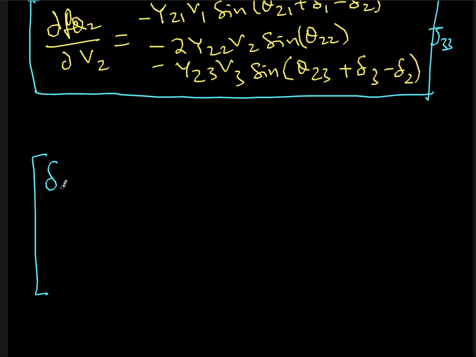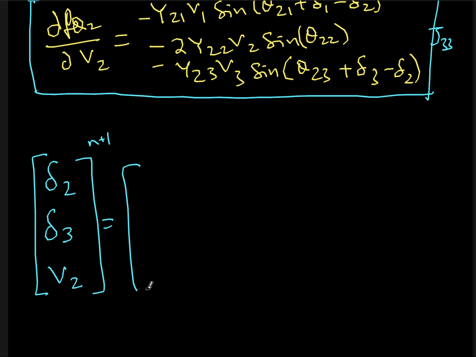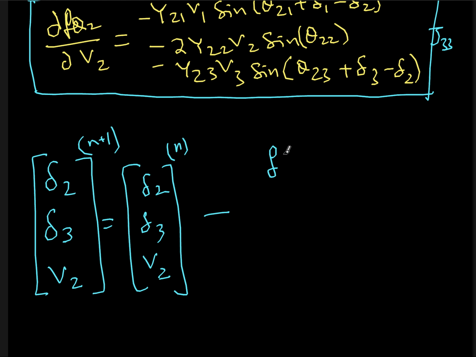So what are my unknowns? Delta 2 is an unknown, delta 3 is an unknown, and V2 is an unknown. So the values at n plus 1 equal the delta 2, delta 3, V2 previous values after the nth iteration, minus the function P2, function Q2, sorry, P3 and function Q2.